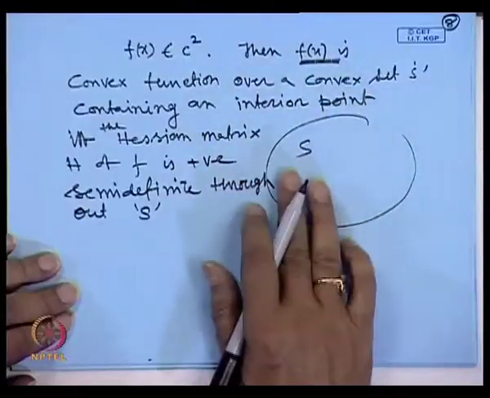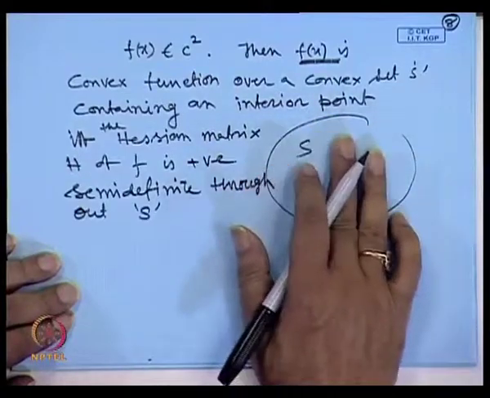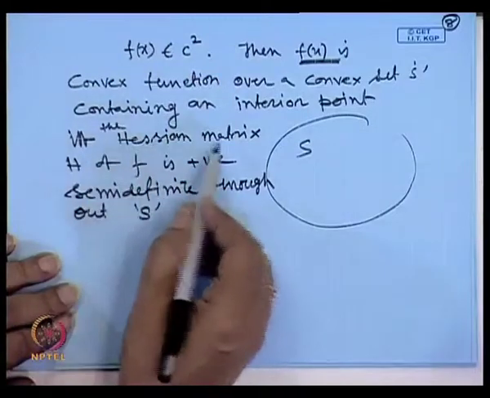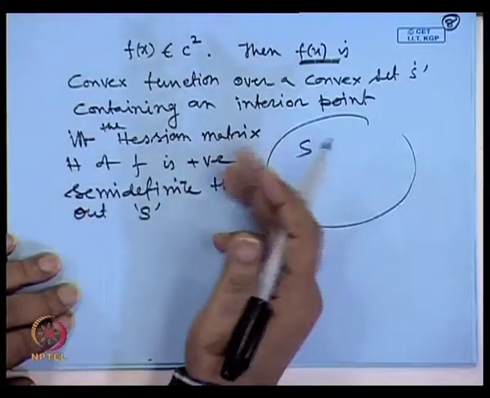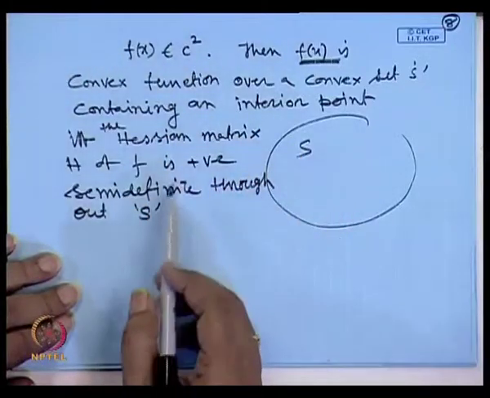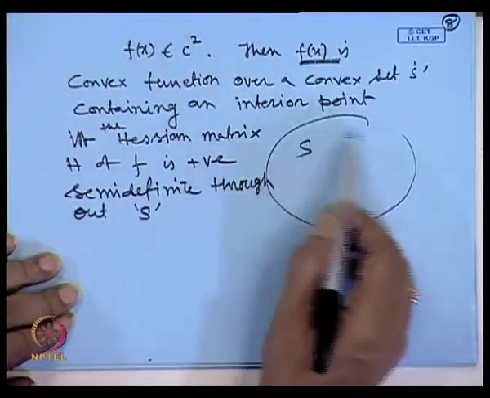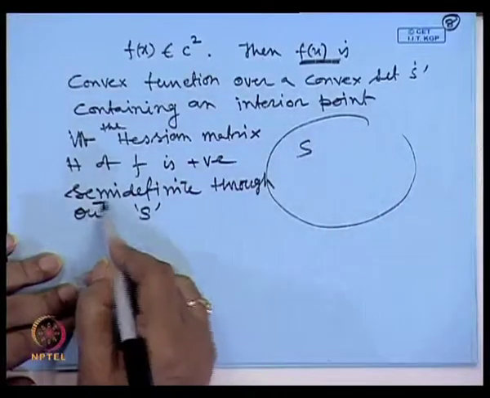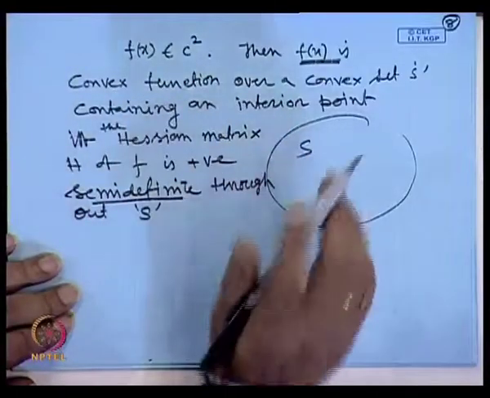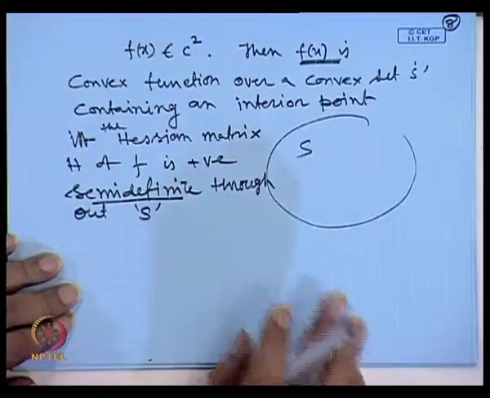In the convex set, at any point, if the Hessian matrix of f, the second partial derivative of the function f, over all points of this set is a positive semi definite matrix or positive definite matrix, then I will call the function a convex function. Agree?